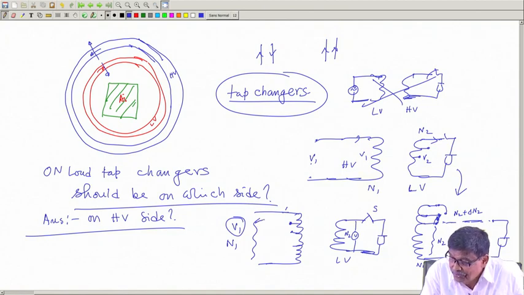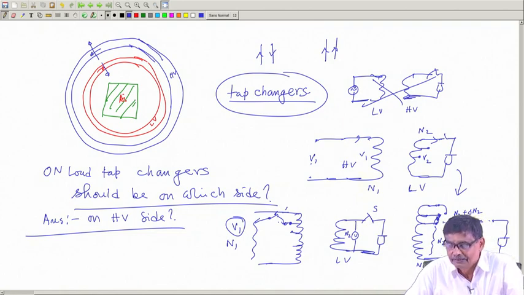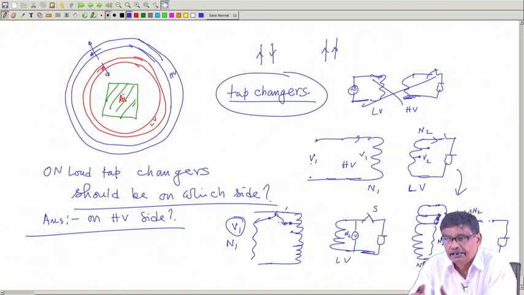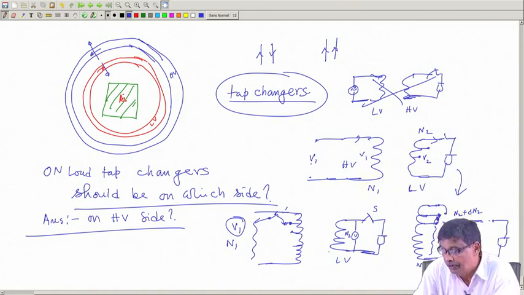So, your switch should be connected from here to there. You reduce the number of turns of the HV side, same applied voltage. Therefore, voltage per turn increases, and it is the voltage per turn which remains constant in primary and secondary side. So, secondary voltage will increase, N2 I will not touch.